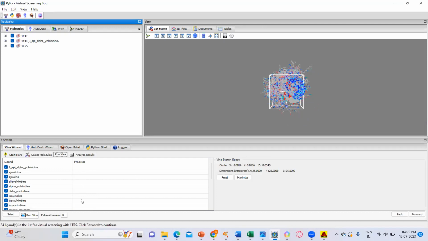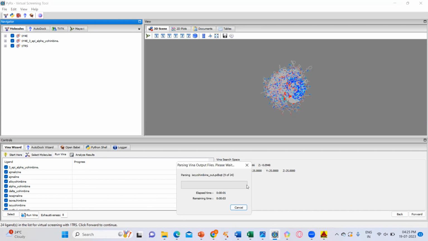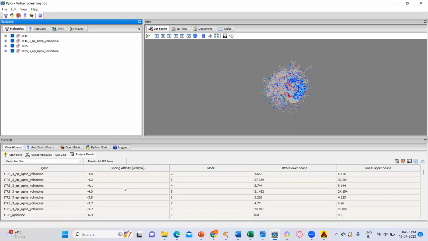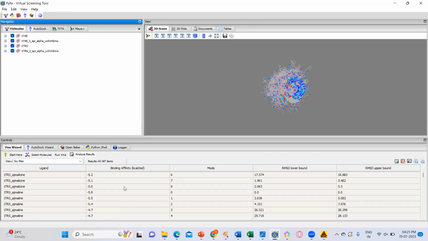So a process will run over here, and after that, we'll get the binding affinity of each chemical compound with the ligand. So this is the binding affinity which I have got here.